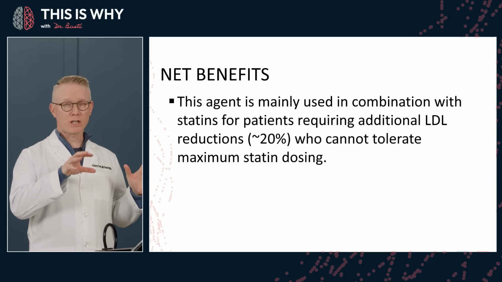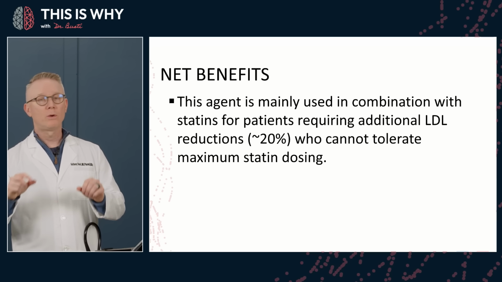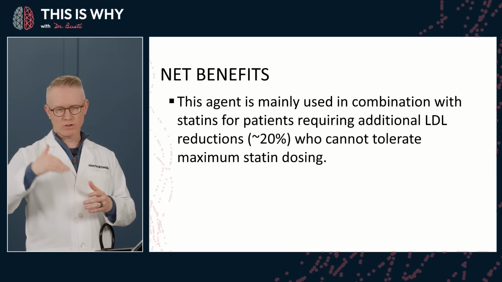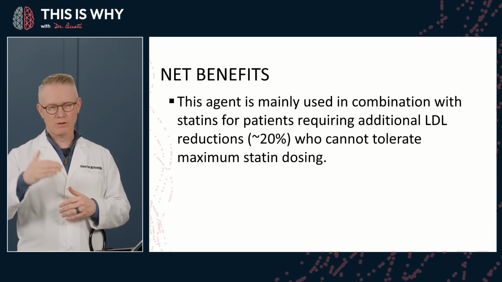Now, let's shift to the net overall benefit of this drug in clinical practice. I mentioned a minute ago that it's commonly used in combination with other lipid-lowering drugs, specifically statins. Going back to the combined dosage formulations, you saw statins there.